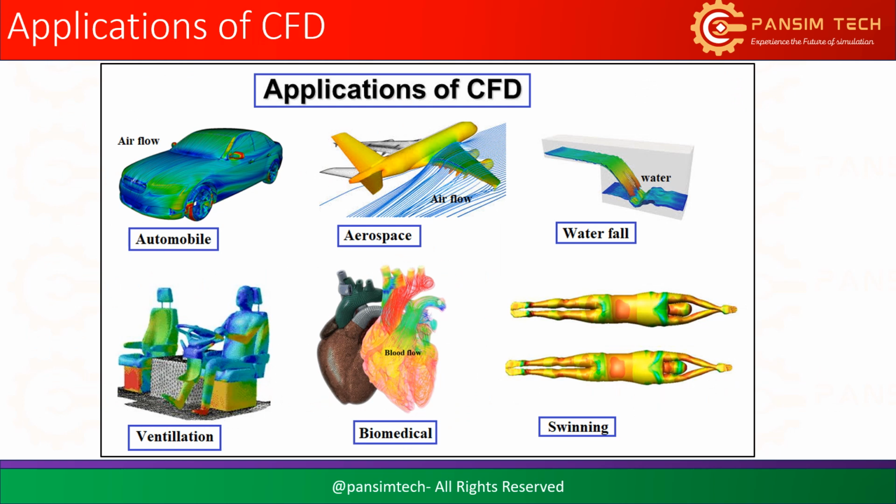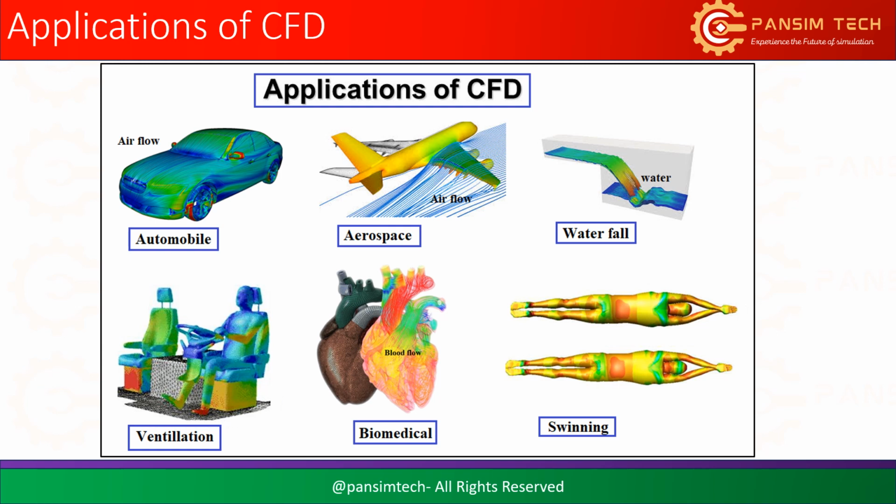It is widely applicable to every domain. It may be automobile, like airflow, thermal flow or cabin comfort, anything. It may be aerospace, like airflow distribution simulation to check ice, combustion, gas turbine engine, propulsion dynamics, etc. Combustion analysis in aerospace is also big.